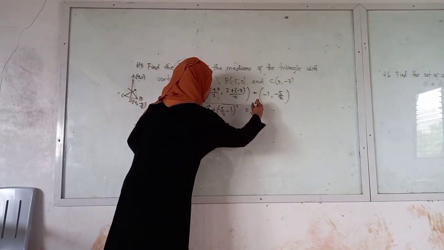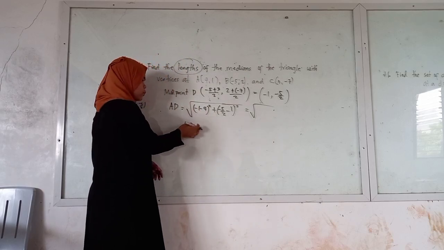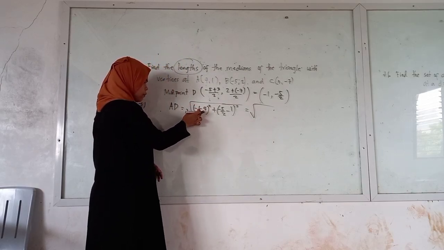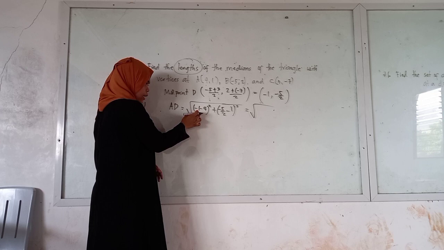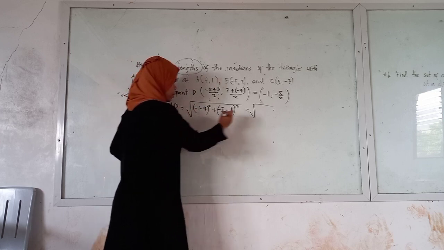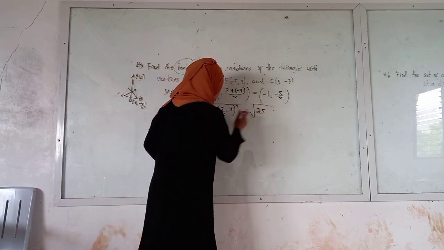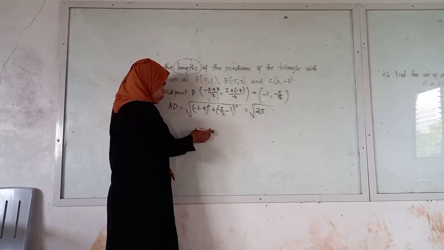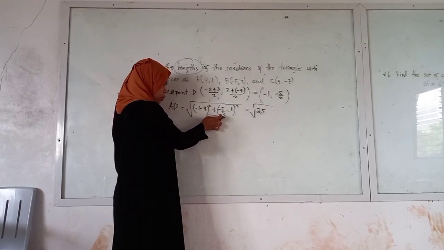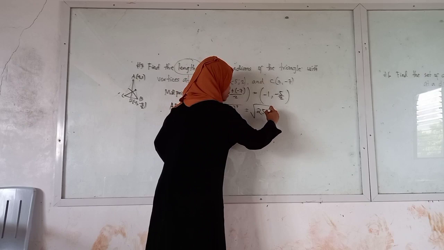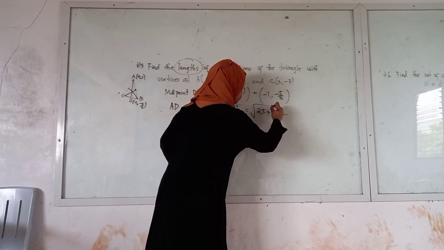So that is equal to, simplify this one, I have negative 1 minus 4, that is negative 5. Negative 5 quantity squared, that is positive 25. Since I have fraction here, I have to get the LCD, which is automatic na 2, no? So plus the LCD 2.